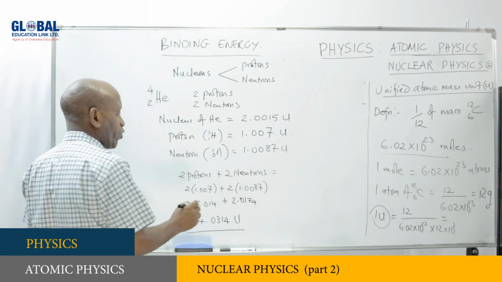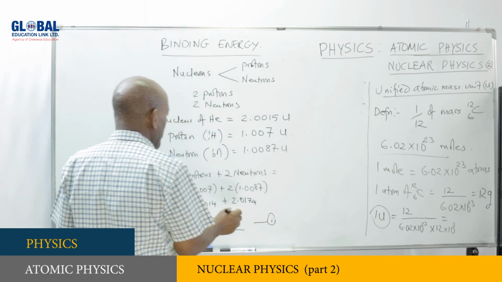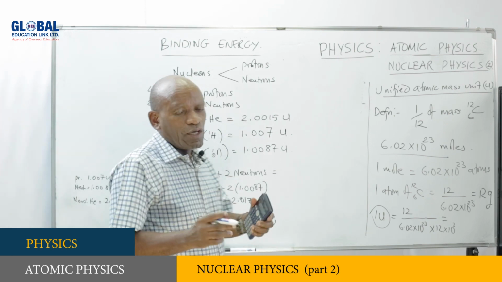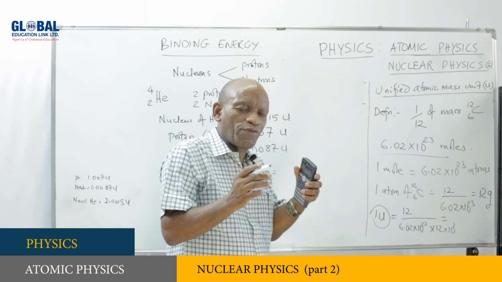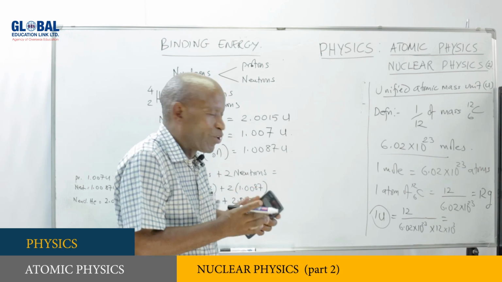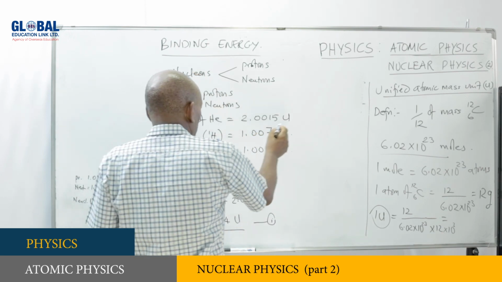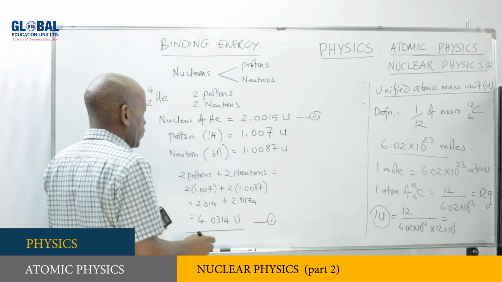This is for the nucleons when they are completely separated. And now we just need to compare it with the unified atomic mass whenever they exist as a nucleus. So here we compare with this one and see which one is bigger.